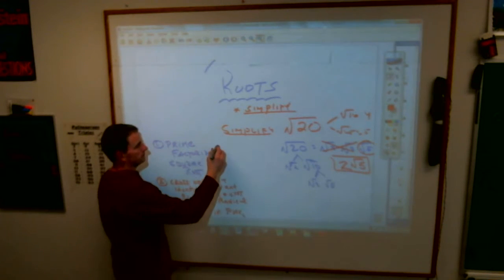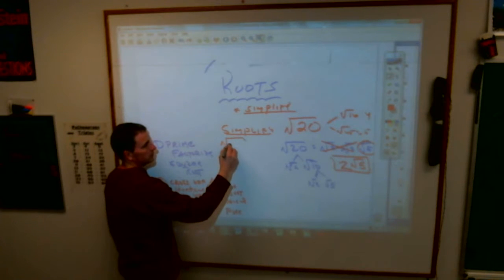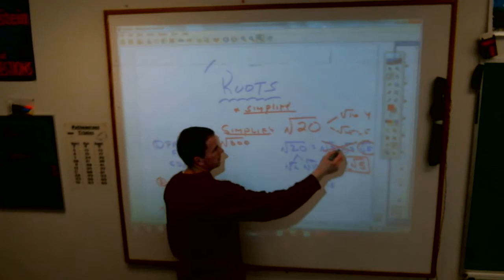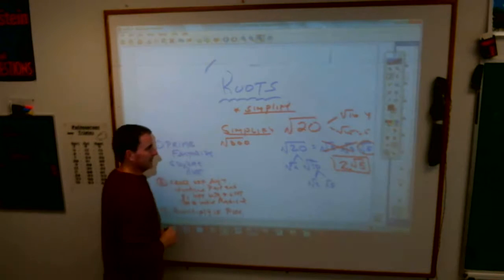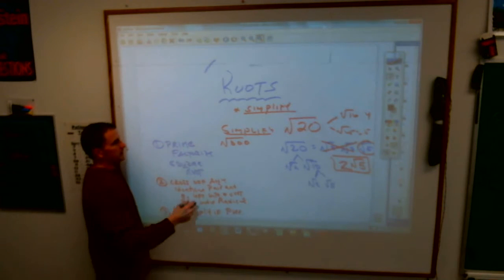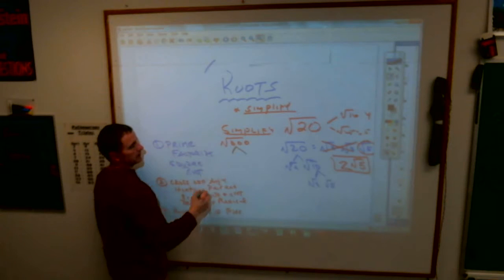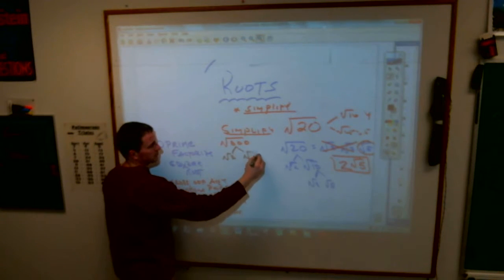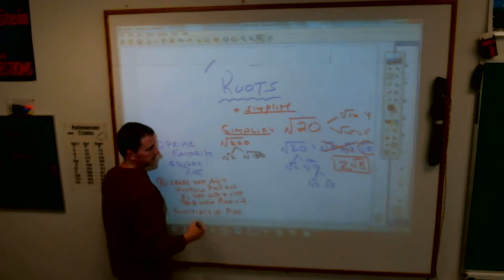Let's try another. Let's say you've got the square root of 300. Hopefully by now you're getting at least decent at prime factorizing. It doesn't matter how you start. It is the square root of 2 times the square root of 150.